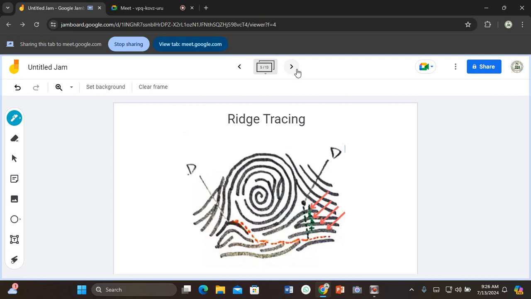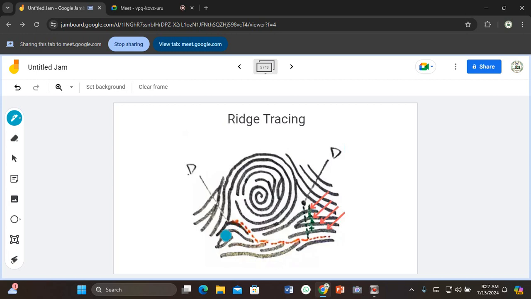The same way, in whorl, what we use instead of ridge counting is ridge tracing. And how do we do ridge tracing? The first thing is to locate the delta, at least 2 deltas, the right delta and the left delta. This is the right delta here, and this is the left delta here.